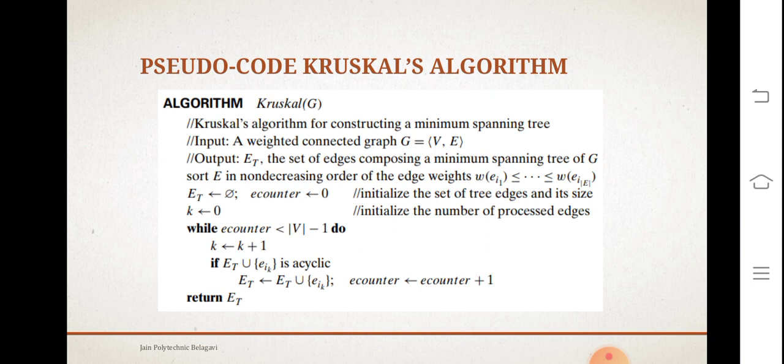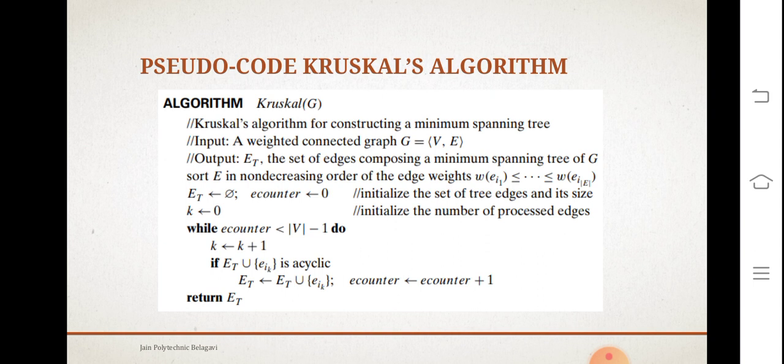To begin with Kruskal's algorithm, we have to sort the edges in non-decreasing order of the edge weights, something like weight of ei1 less than or equal to ... less than or equal to weight of ei, where i is the number of edges.